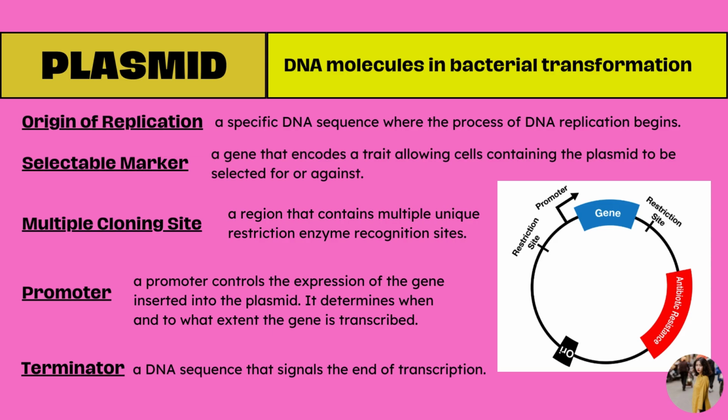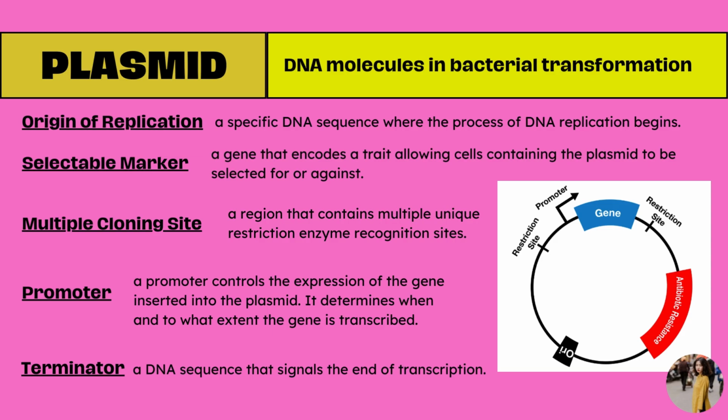The components of this include the origin of replication, which is a specific DNA sequence where the process of DNA replication begins. It allows the plasmid to replicate independently of the chromosomal DNA, ensuring that the daughter cells receive a copy of the plasmid during cell division.